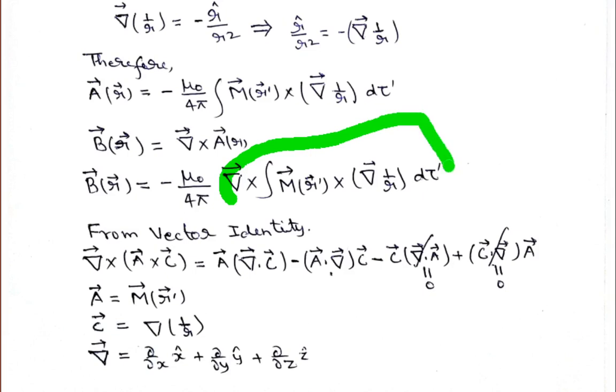Okay, so in order to find this quantity, again I will start with a vector identity.